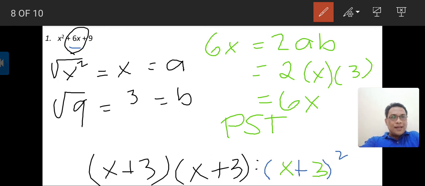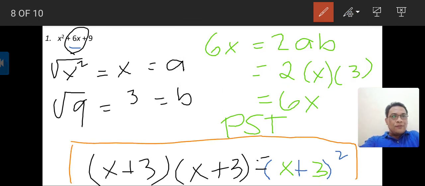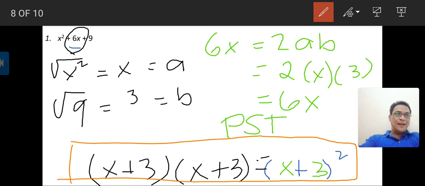Same as the square of a binomial. So that is your factored form. Okay, so that is for number 1.